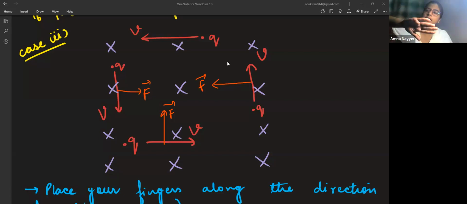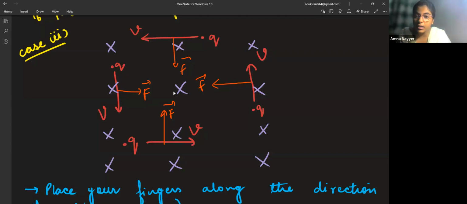Now I get it. See, the velocity is towards the left, fingers are curling inwards, so the force is going downwards. So why did we study this? If you join all the movement of the particle, these are just 4 points I have taken. If I join all 4 points, the particle will move in a circle with force acting towards the center.